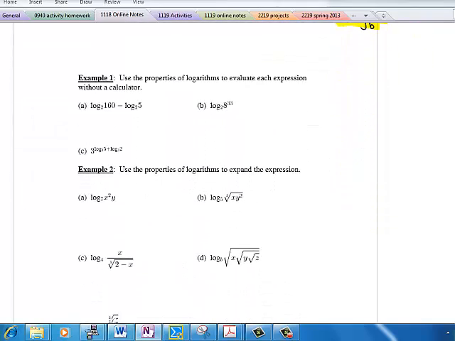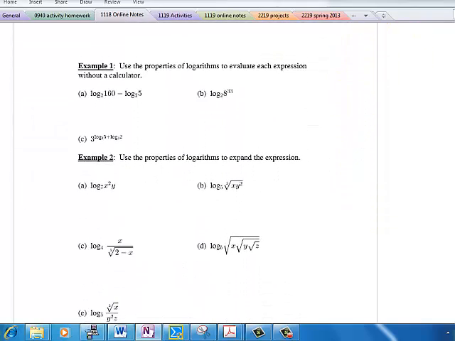So, in our first example, we have logarithms that don't involve any variables, so we should be able to come up with a single value for each of these expressions. Notice on the first one, it's asking us to do log base 2 of 160 minus log base 2 of 5. So we have these properties.